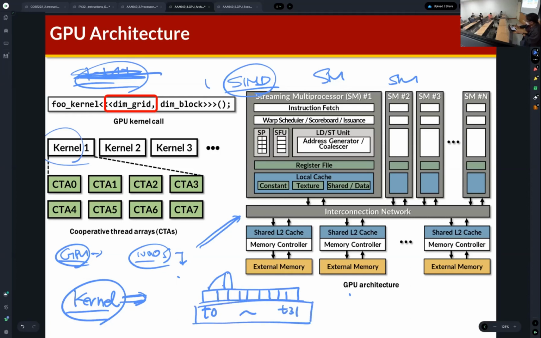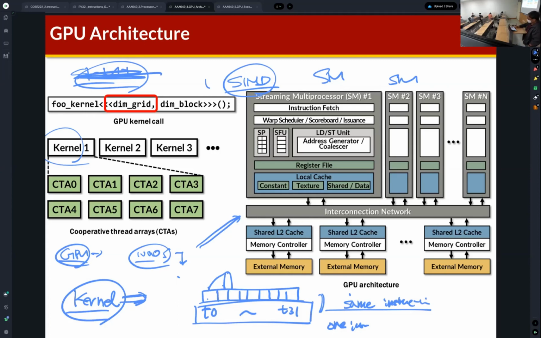If we just focus on these threads, we can find that they share the same instructions, which means you can generate only one instruction, and then this instruction is applied to the input data, the 32 elements, right?